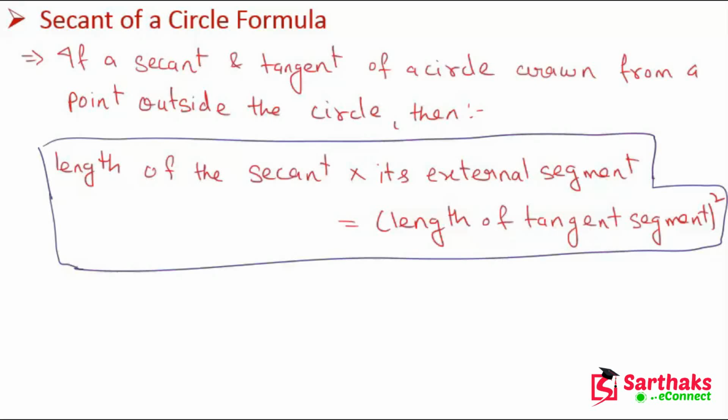Okay, so let's see. Let's suppose we have a circle like this. This is our circle, and this is a point outside the circle. From this point, first of all, we have to draw a tangent. This is a tangent, and we are drawing a secant. This is a secant.